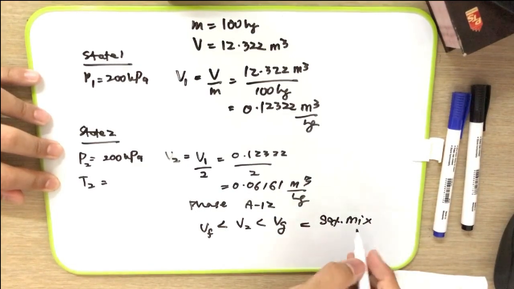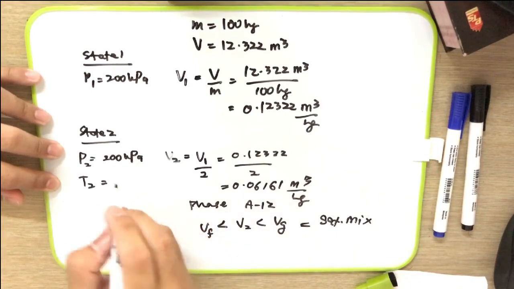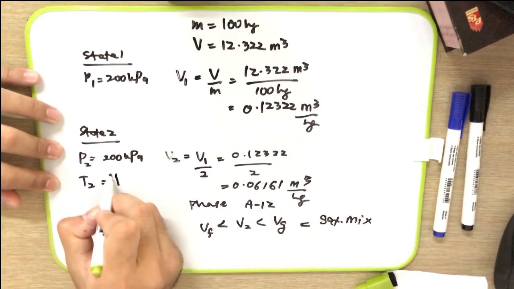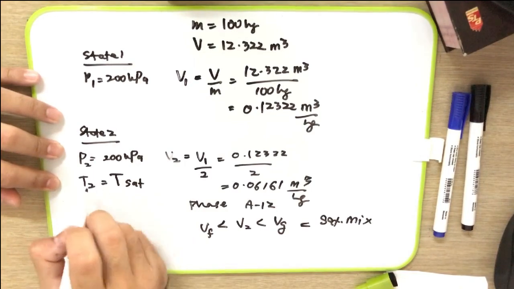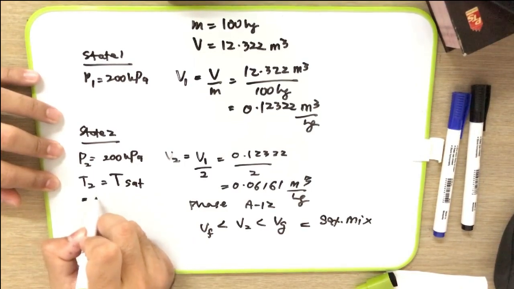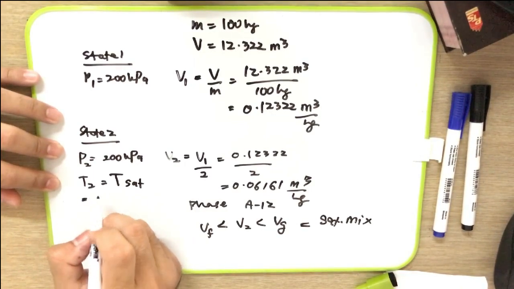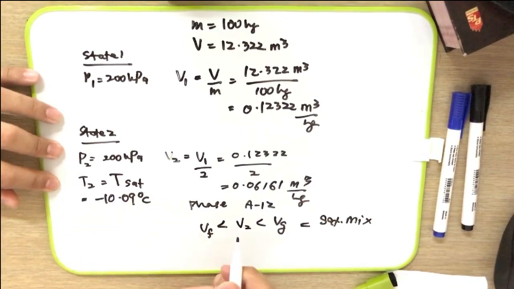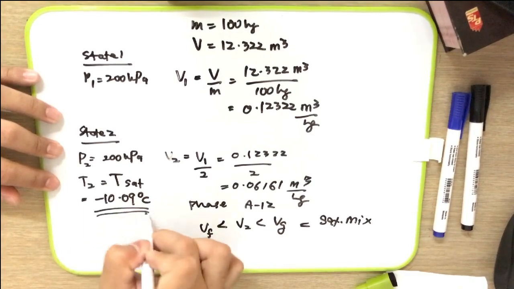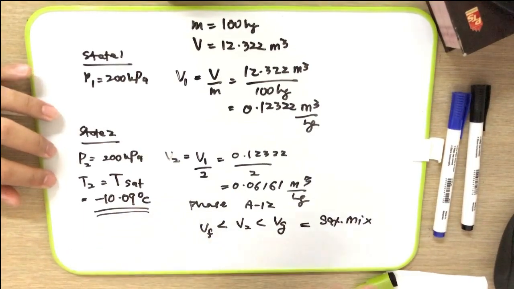Once we know it is a saturated mixture, we can just use T saturated. So T2 is equal to T saturated, which is negative 10.09 degrees C. So that's how we get the final temperature.